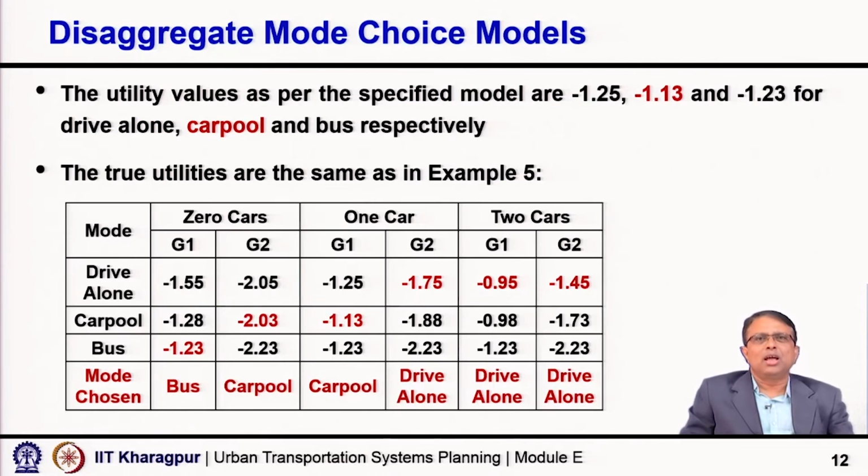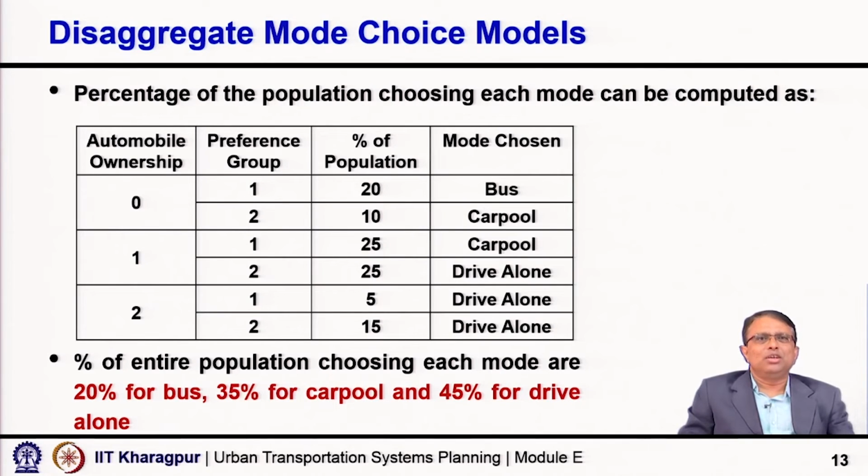So, we know how much percentage of population are there under each group 1, group 2, and considering the 0 car, 1 car and 2 car ownership. And we know for each group or each segment what is going to be the choice. So, accordingly we know what will be the actual real behavior.